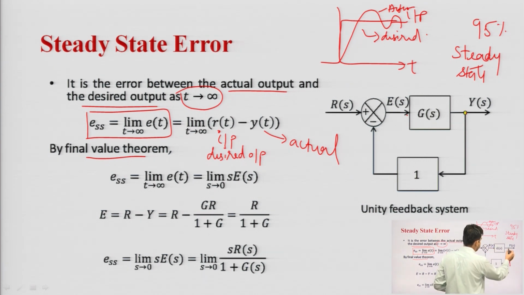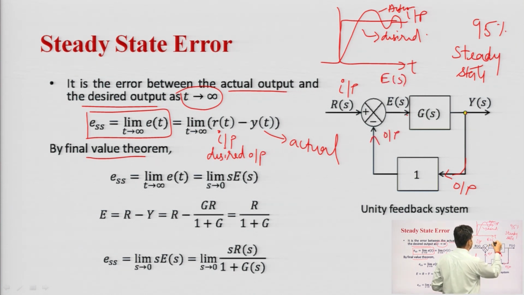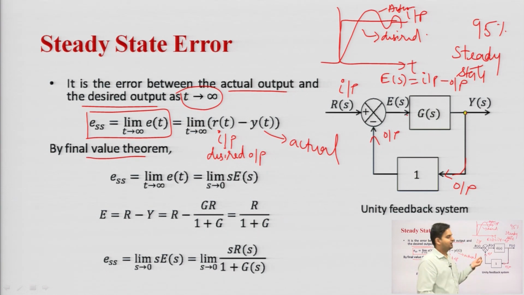You can see the feedback Y(s) is coming, R(s) is my input, and this is the output coming from the feedback. E(s) is basically my input minus output, right, where my input is, in some definitions, the desired output, and this output is the actual output.